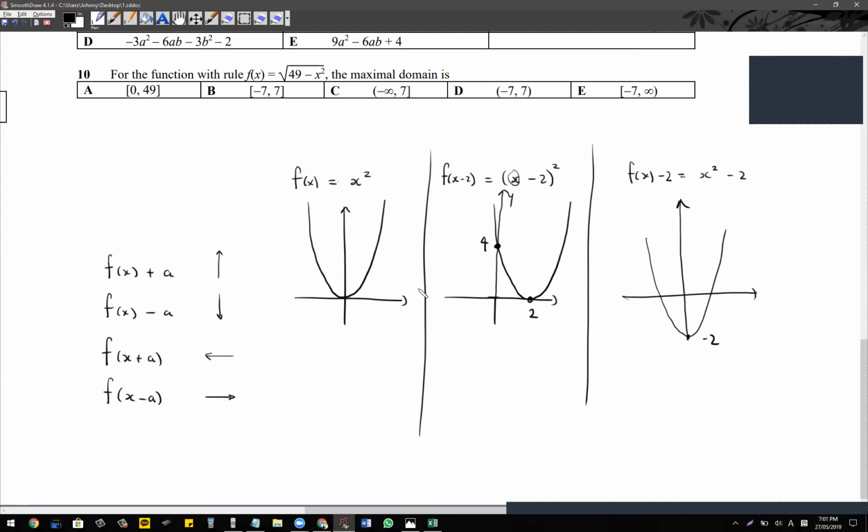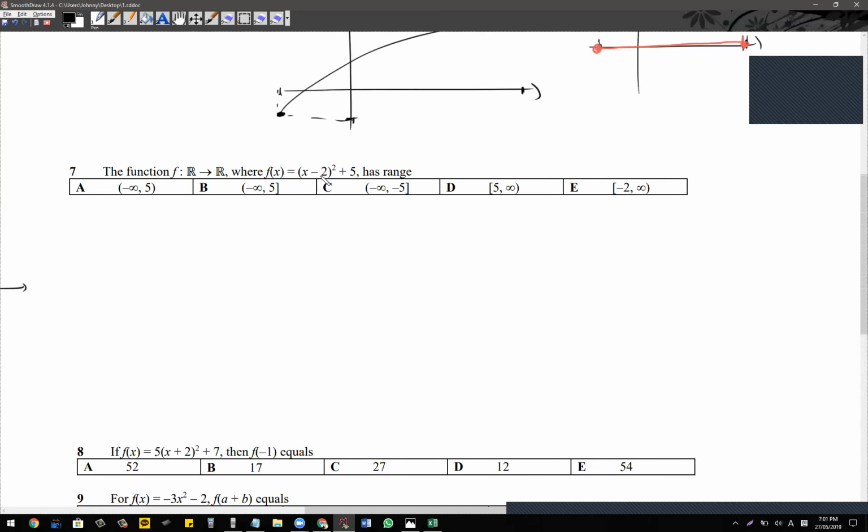If we look at this function, now it's really, really simple. This one is going to the right by 2. See, that's a minus 2 on the inside of the square. And then, of course, they wrote it as just a brand new function f of x.